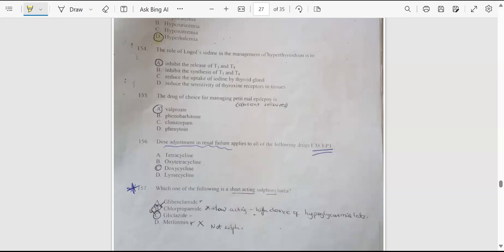By reducing the size and vascularity, it makes it easier to operate on the thyroid. So, number 155, unless someone has something to add.